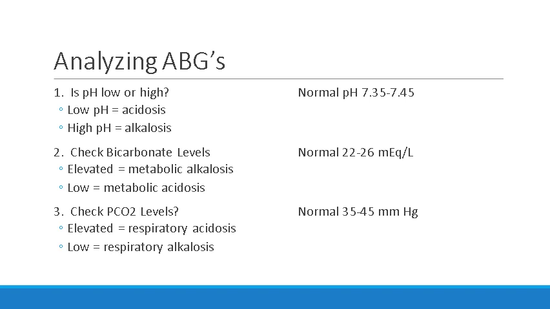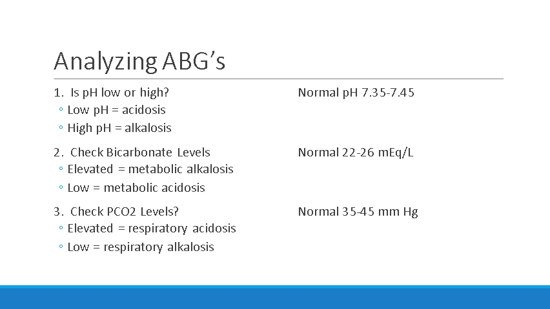Step 2 is we're going to check our bicarbonate levels, our HCO3, and bicarbonate acts as a base and buffer. If bicarbonate levels are elevated, we tend to be in a metabolic alkalosis state. If they're low, we tend to be in a metabolic acidosis state. Normal bicarbonate levels are 22 to 26. The third step is to check our PCO2 levels.